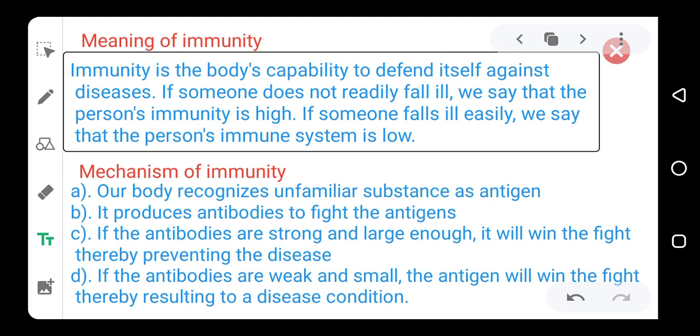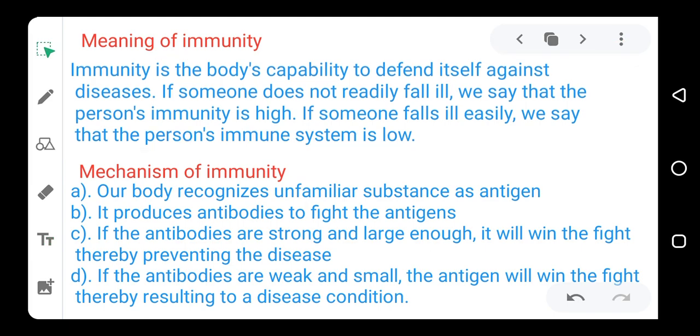Now, the mechanism of immunity. How does immunity happen? How does it happen in our body? Now, when foreign organisms or foreign matters or foreign objects enter into our body, the body recognizes that they are foreign, they are not part of our body.